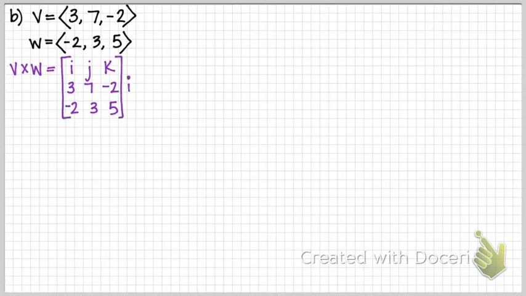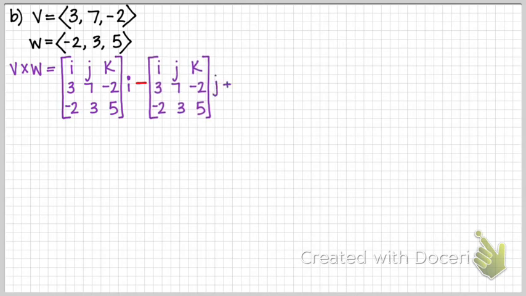So there's our I. Then we have minus our J term. There's J, plus that.